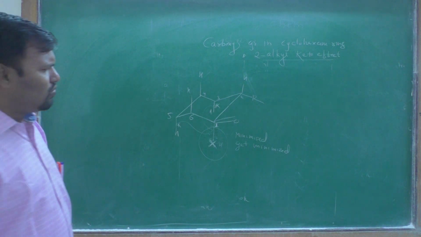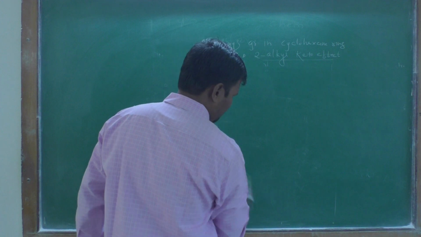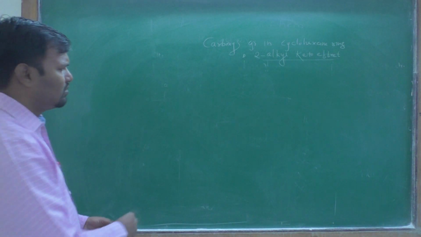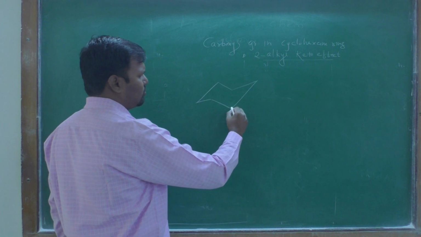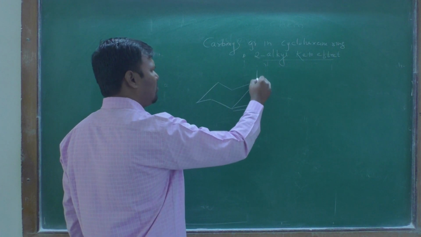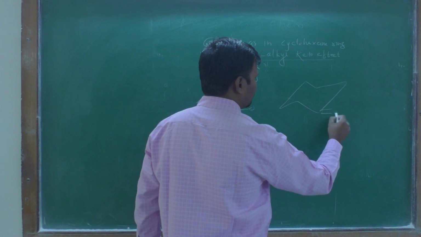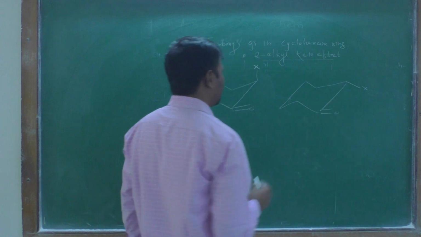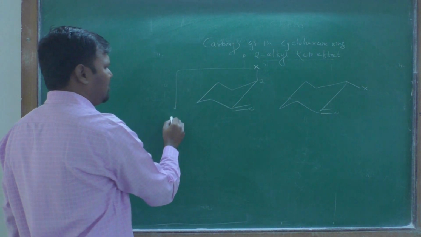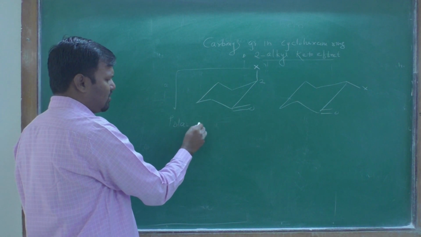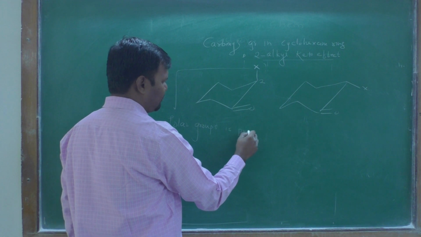Okay, now we have the alpha halo ketones. Okay, like that we have alpha halo ketones. At the 2 position there is a polar group present.